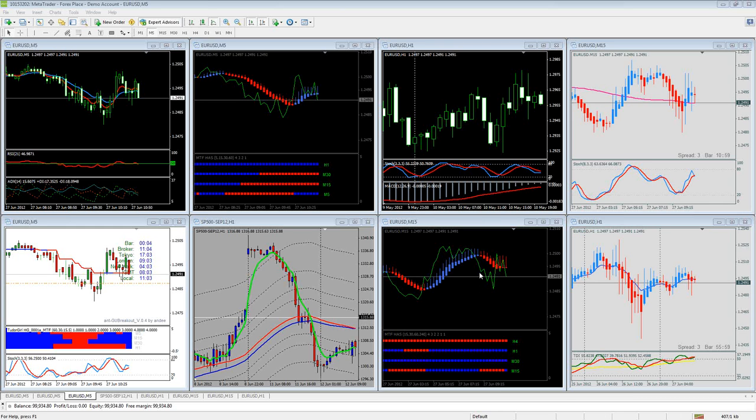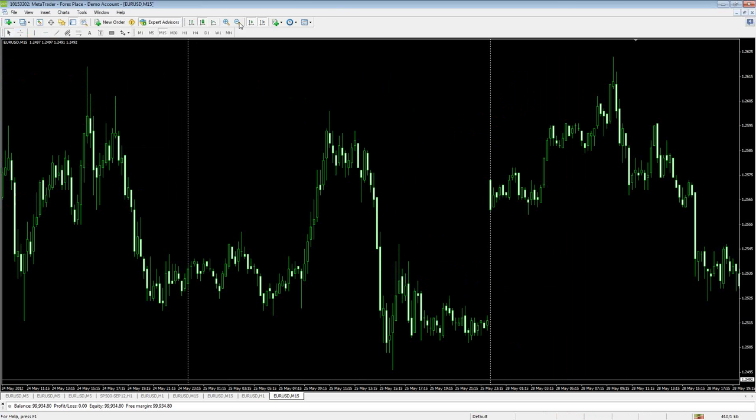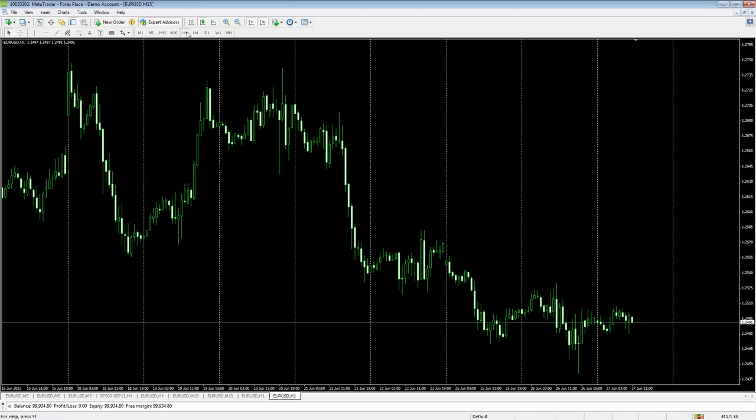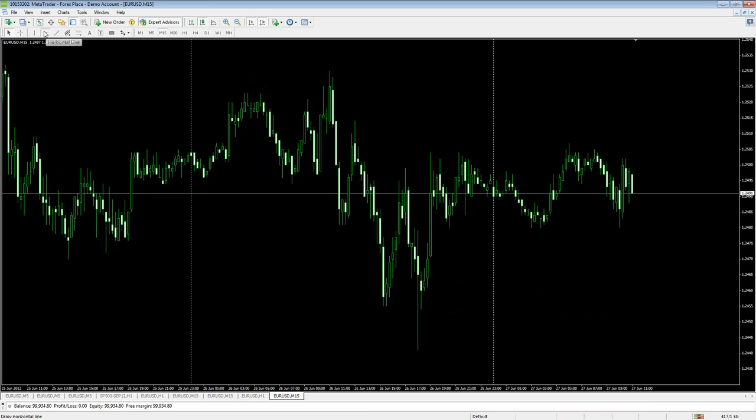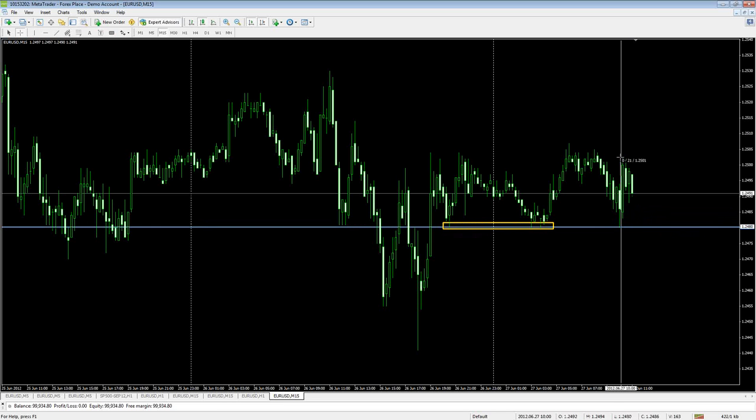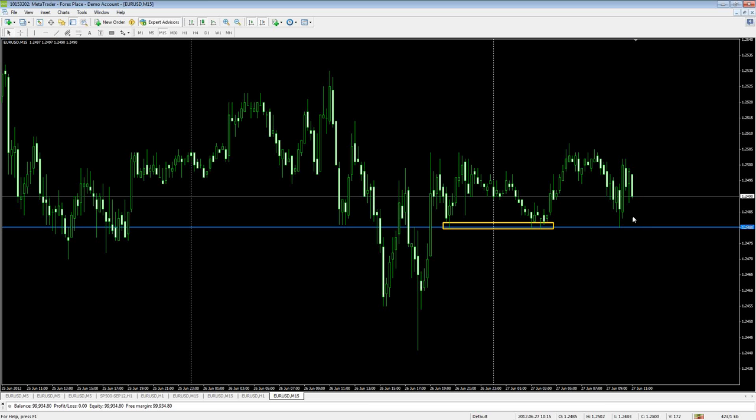Let's just make a quick review of the market. I'll just open a clean chart. You can see that the euro dollar is moving a little bit sideways this morning. Maybe an hour ago or a little less, there was a nice price action around here. You can see this support, and the price reacted and went up about 20 pips within 15 minutes or less.